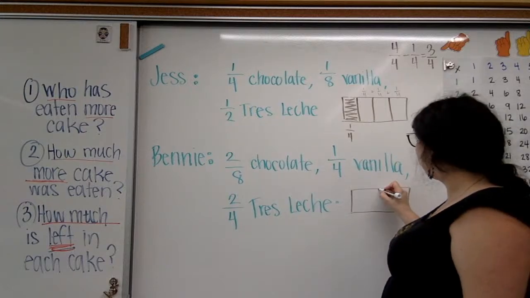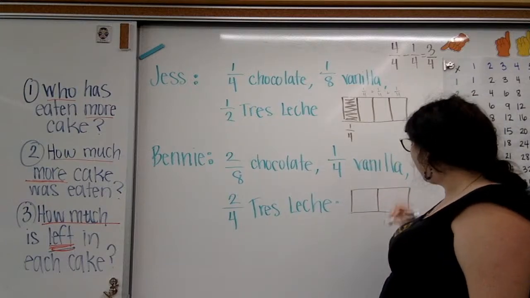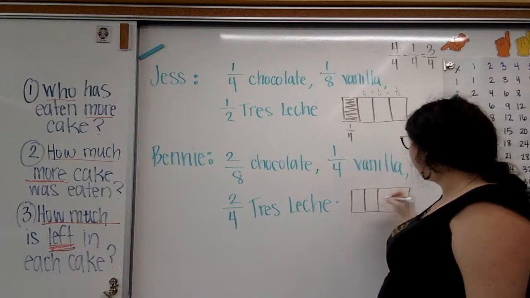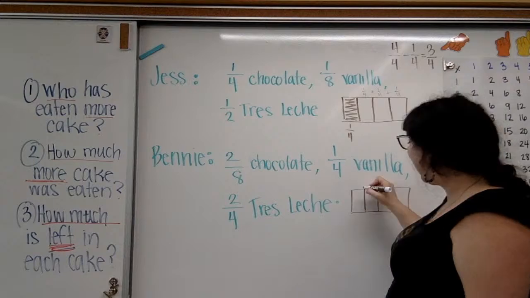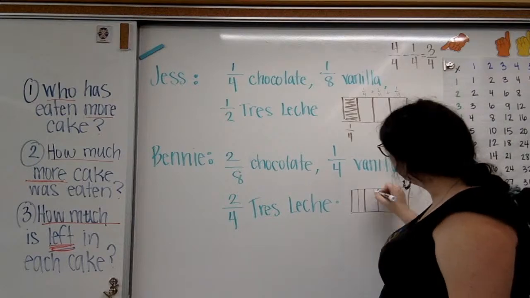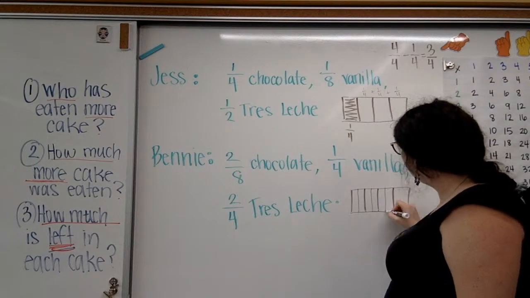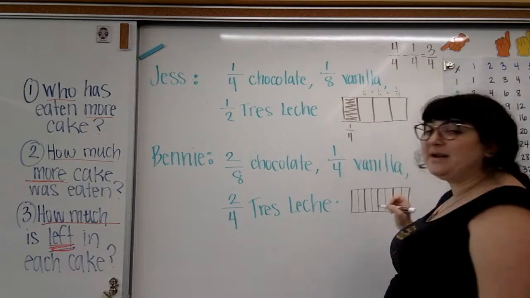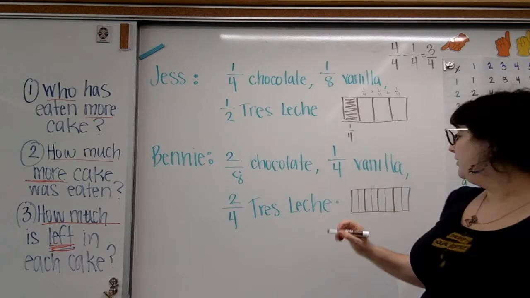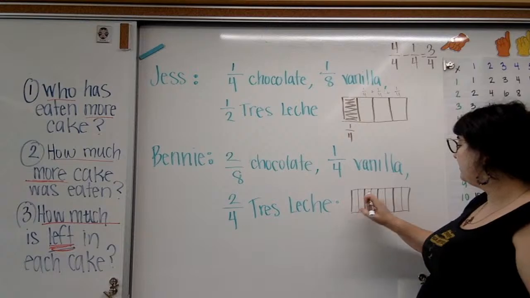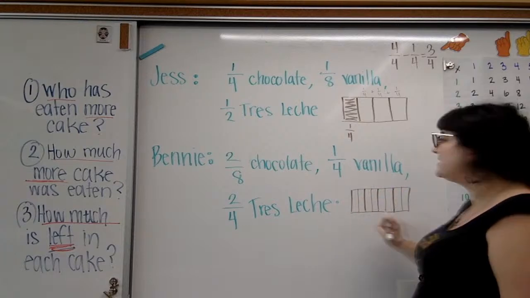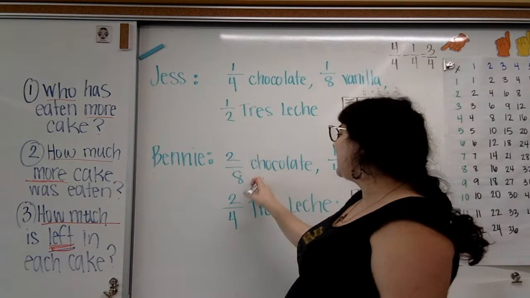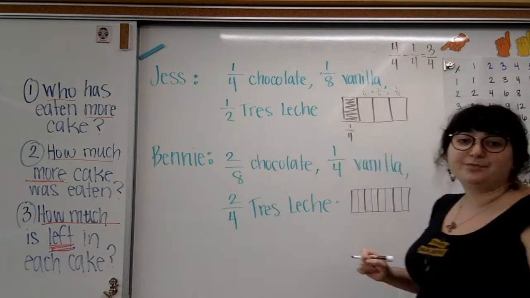So I'm going to draw this in 8ths. I'm going to draw in half, and half my halves. That gives me 4, and then I'm going to half each of my halves, and that'll give me 8. And I'm going to count just to be sure. 1, 2, 3, 4, 5, 6, 7, 8. 8 pieces matches my 8th denominator.